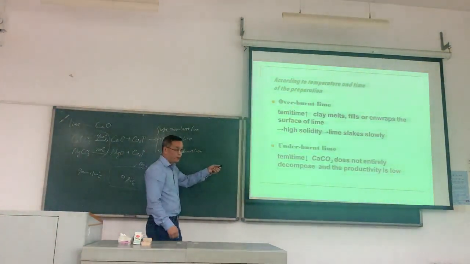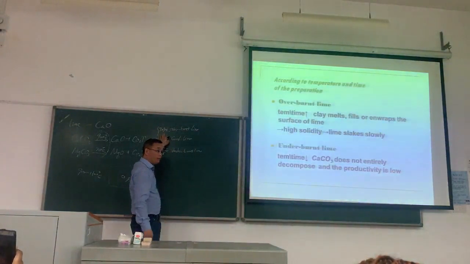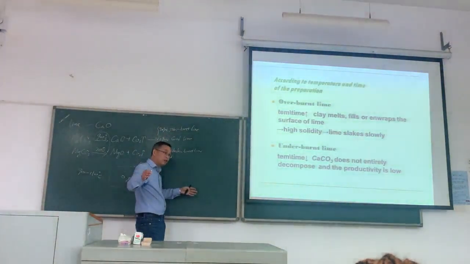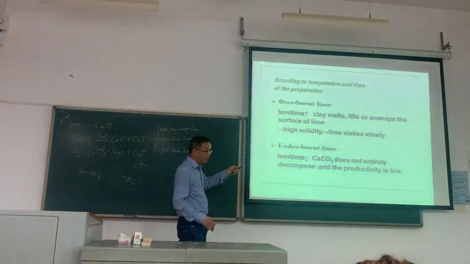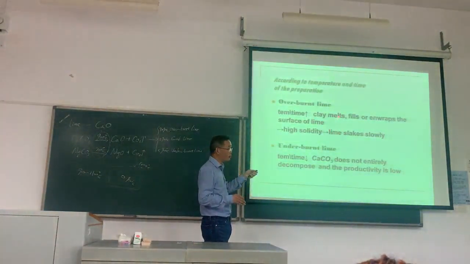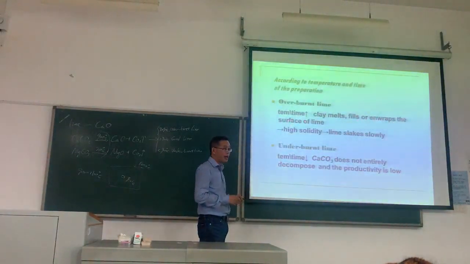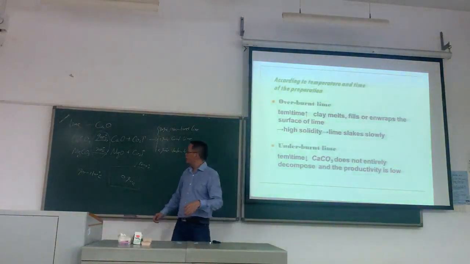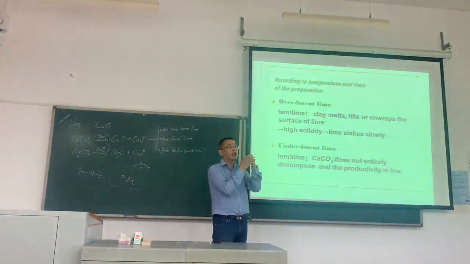For the overburnt lime, if the temperature is bigger than 900, or the burning time is long, the clay will melt and fill the surface of the lime. During heating, the limestone decomposes into calcium oxide, and this is a particle of calcium oxide.